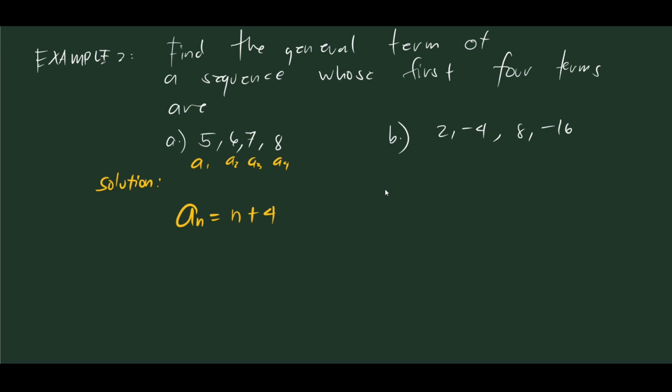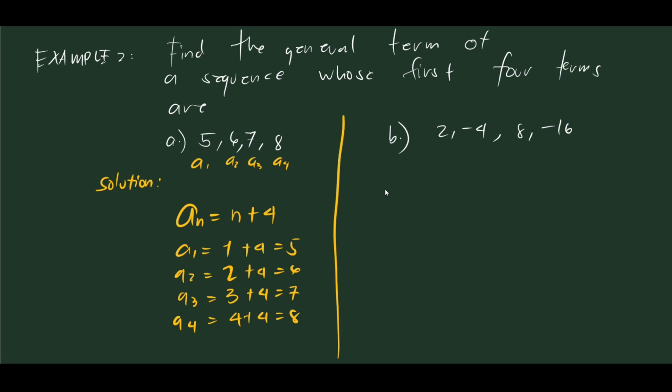Let's try. a1 is equal to 1 plus 4, which is 5. a2, we have 2 plus 4, 6. You know the drill, 7. And 4 plus 4 is equal to 8. So there you have it, that's the solution for the first one.